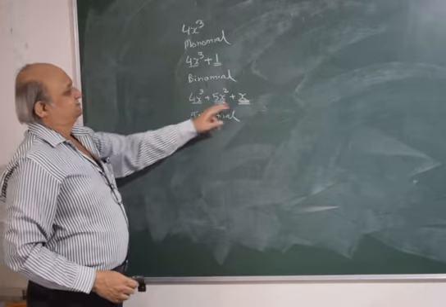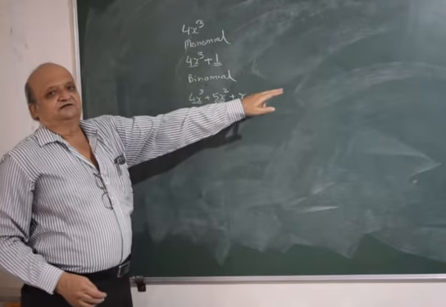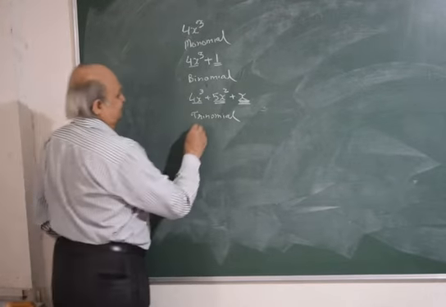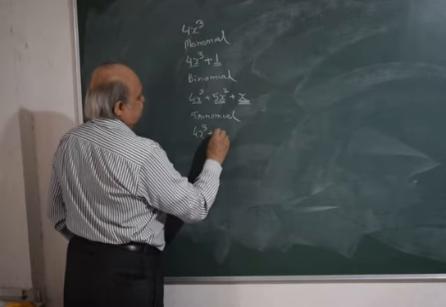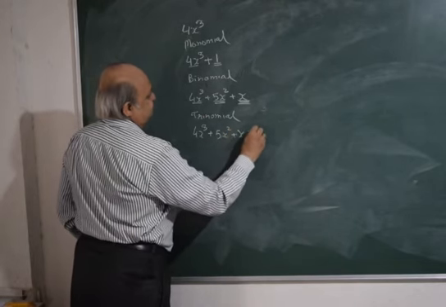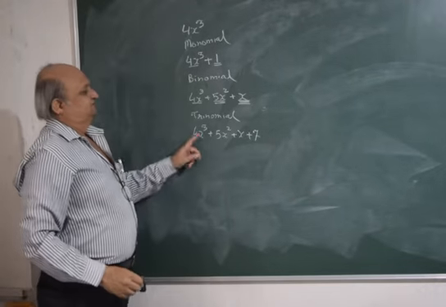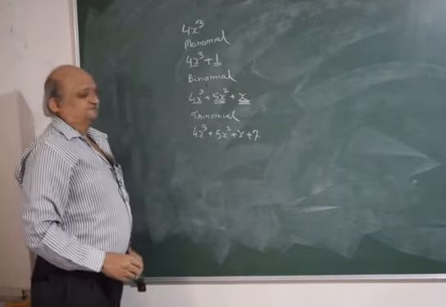Again, when we look at this, we have the power 3 or the degree 3, 2 and 1. The degree 0 is missing. Let us add that. 4x cubed plus 5x squared plus x plus 7. 3, 2, 1, 0. 4 terms.